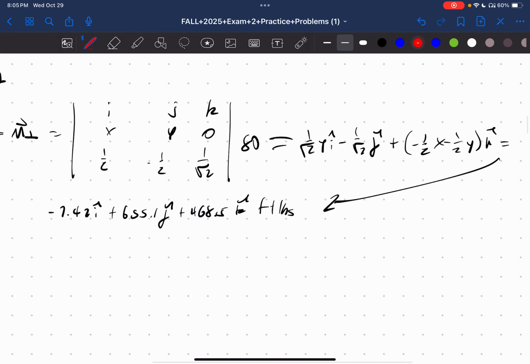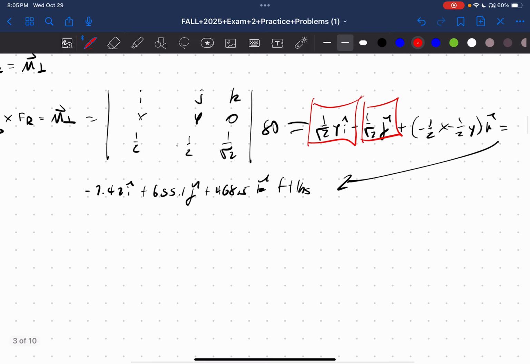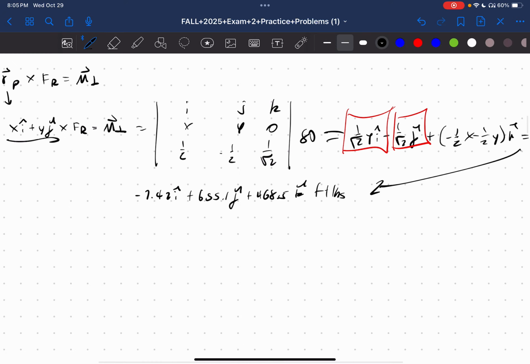And just take a look at the I components and the j components. The I components have to be equal to each other if the moments are equal to each other, right?